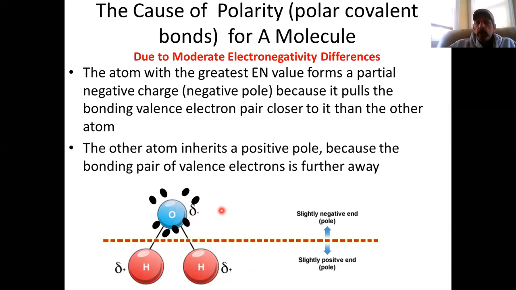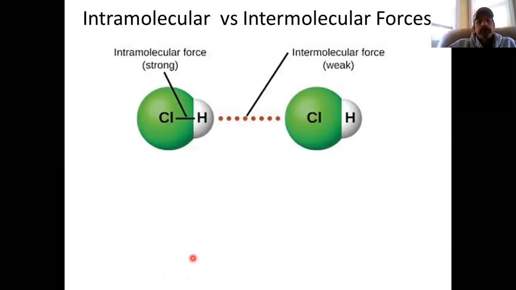Polarity creates what we call IMF, intermolecular force. Now we have negative charges and positive charges along ends or positions of a molecule. And that creates attraction, similar to north and south poles of magnets. So one molecule can attract another molecule because of this.